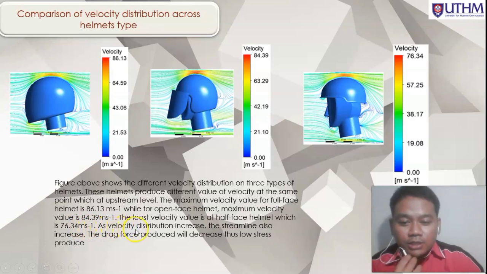As velocity distribution increases, the streamlines also increase. The drag force produced will decrease, thus low stress produced.